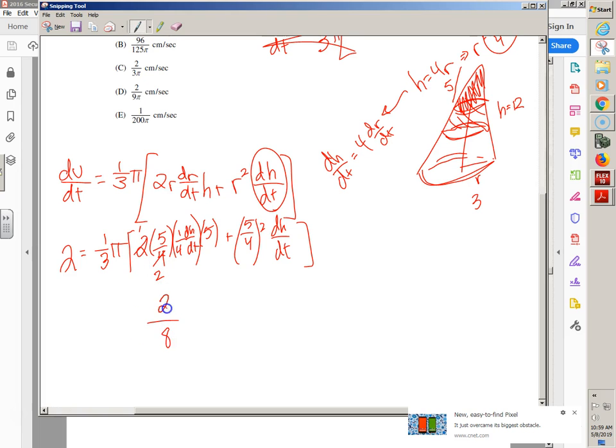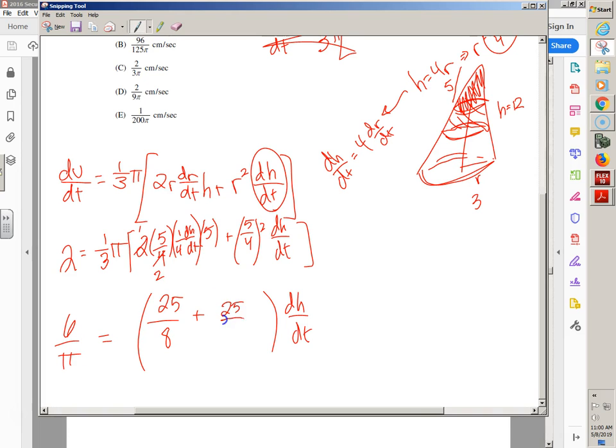That'd be 8 and 25. And I can pull out my dh/dt, right? I can multiply that to be a 6 over pi. That would be 25 sixteenths. I would make that 2 over 2. So 50 sixteenths, 75 sixteenths dh/dt.